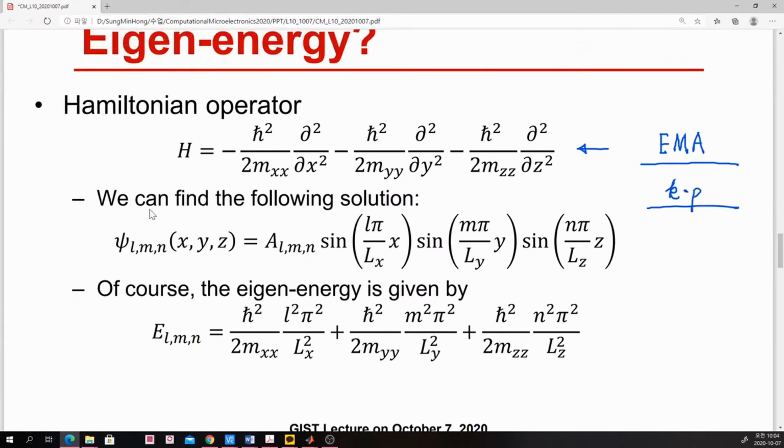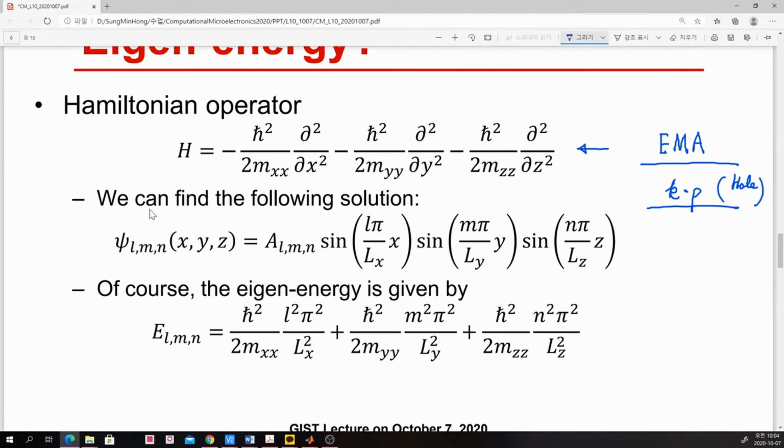This is slightly more computationally heavy, but not that heavy, and greatly improves the description, especially for holes. In silicon, the hole band structure is notoriously complicated, but it can be well described by our K.P model.